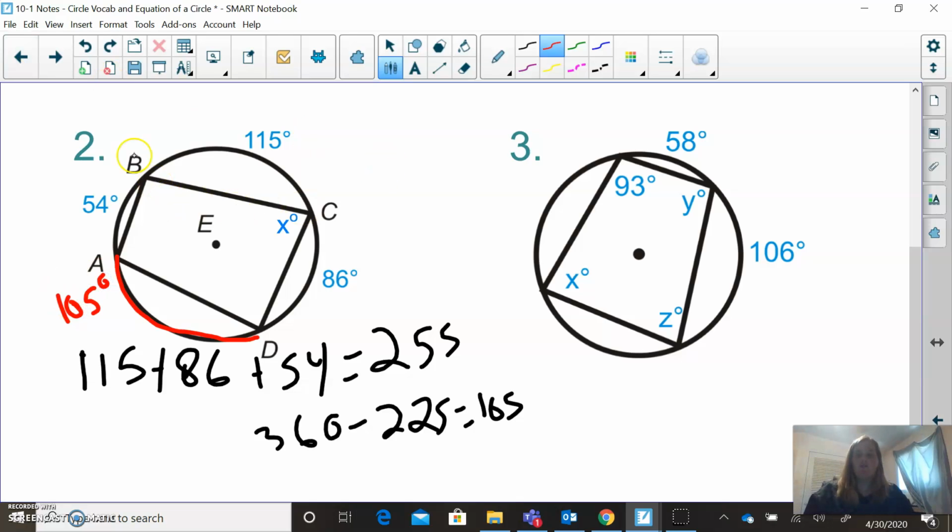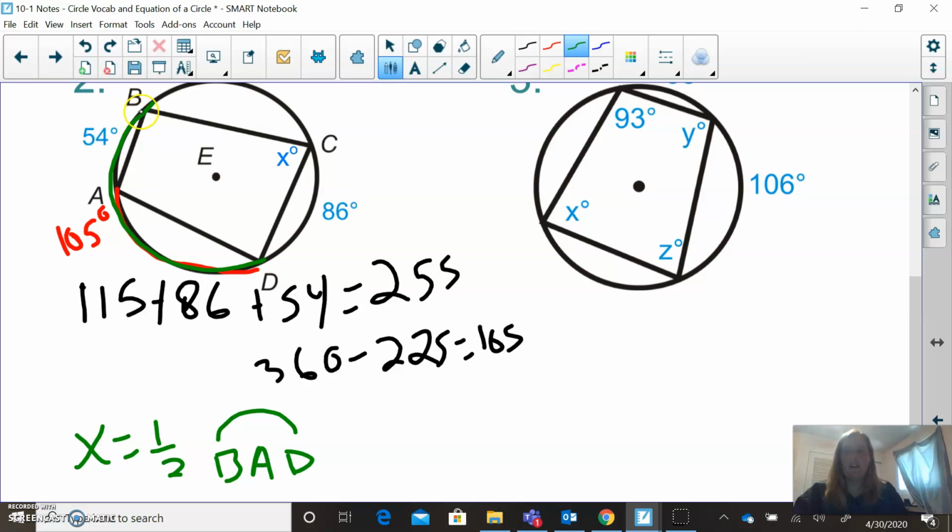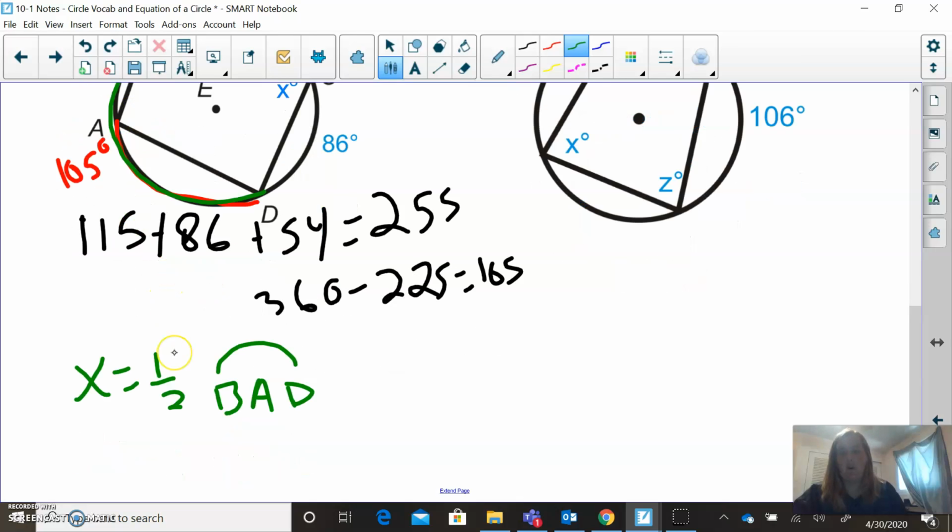Okay. So we can find x now by taking 1/2 of the big arc, which is arc ABD. So x degrees is equal to 1/2 of arc BAD, not angle, but arc. So to find the arc of BAD, we're going to add 54 and 105.